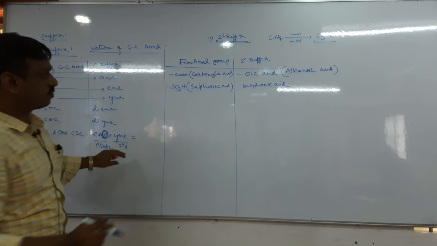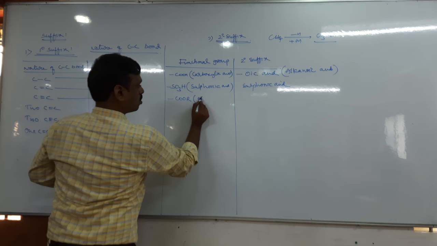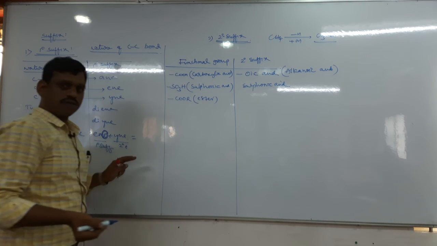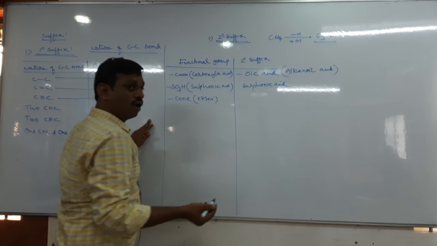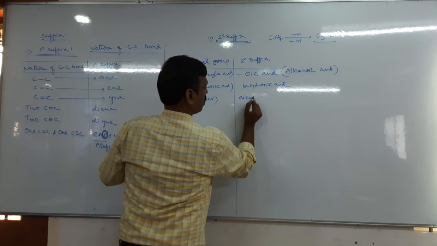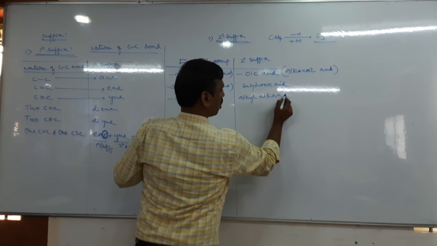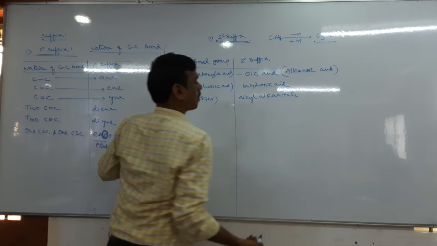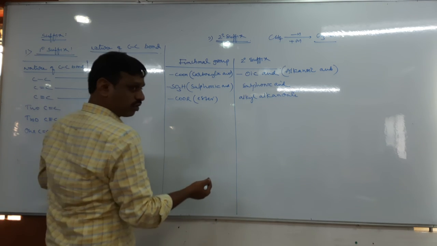Next, if it is an ester, the secondary suffix is alkyl alkanoate.